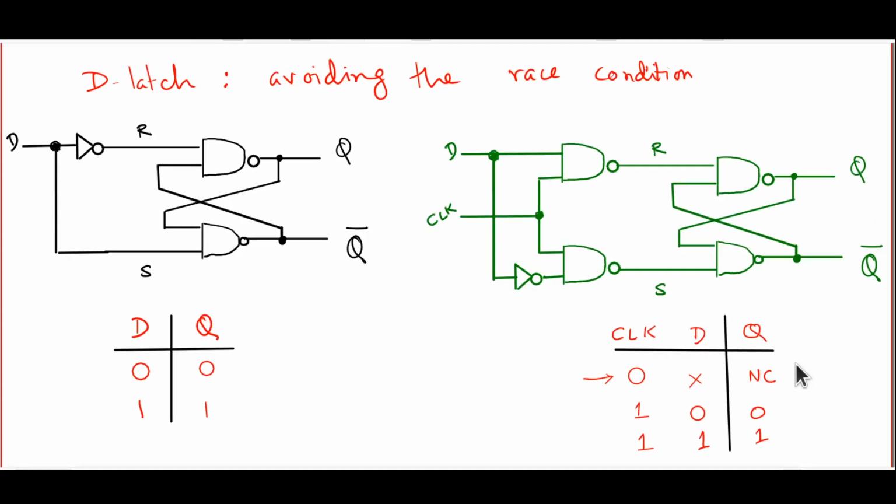Now, the kind of clocking that we have talked about here is called level clocking. As long as the clock level is low, the output simply cannot change. On the other hand, the outputs can change when the clock level is high. Now that actually means that the outputs have a chance to change over exactly half of the duty cycle of the square wave input that you're giving to the clock.